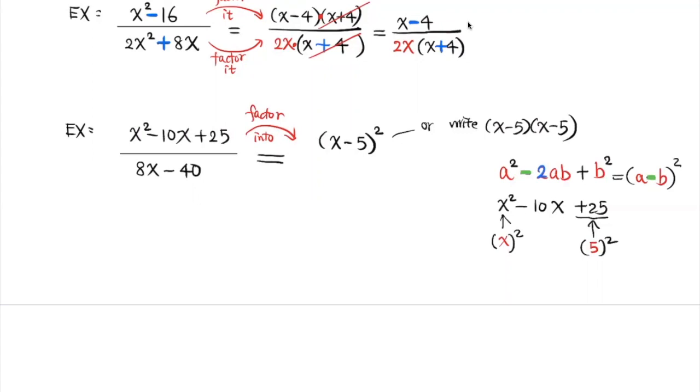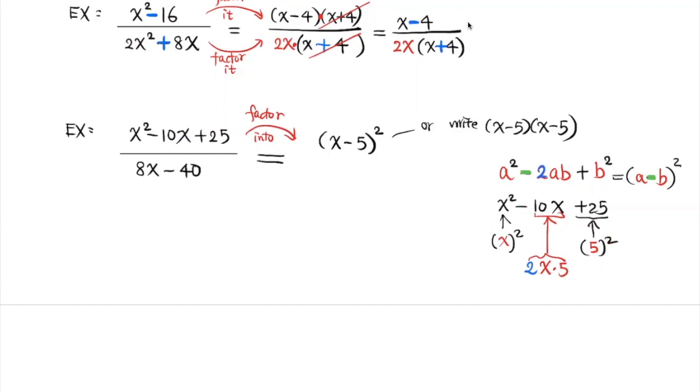So let's check that out. 2 times x times 5, indeed it is equal to 10x over here. So this is going to match with this formula over here. This is like the a squared minus 2ab plus b squared.